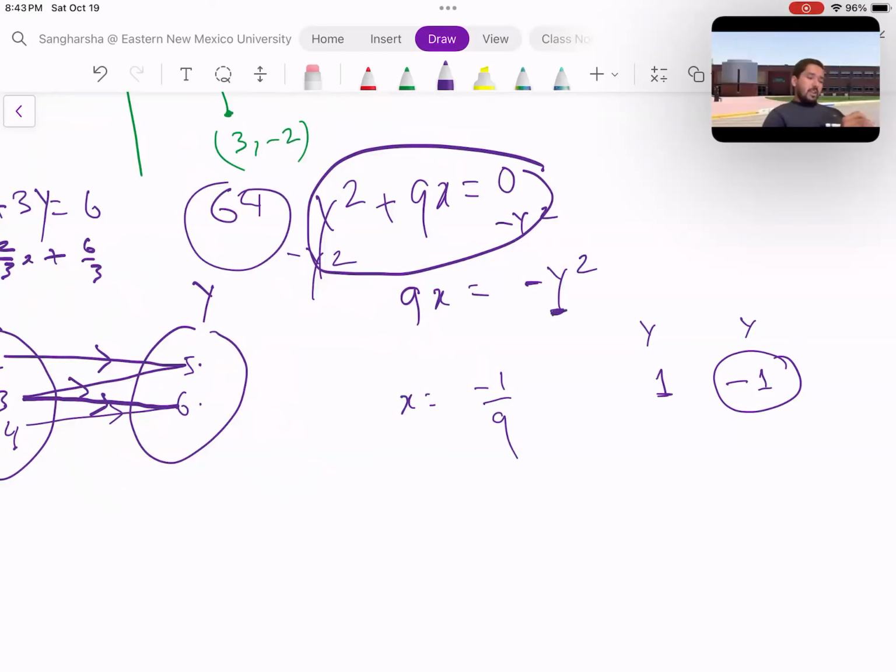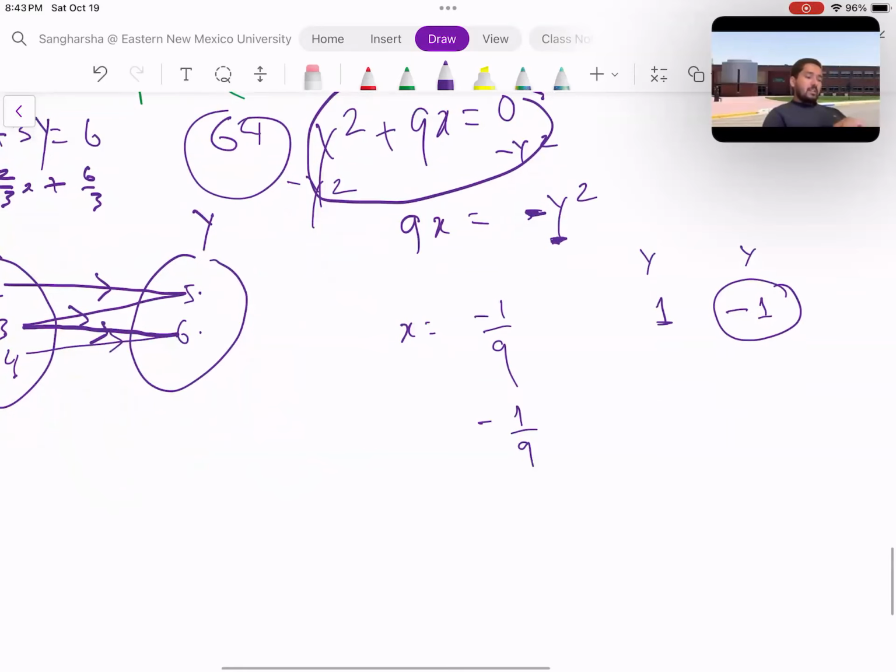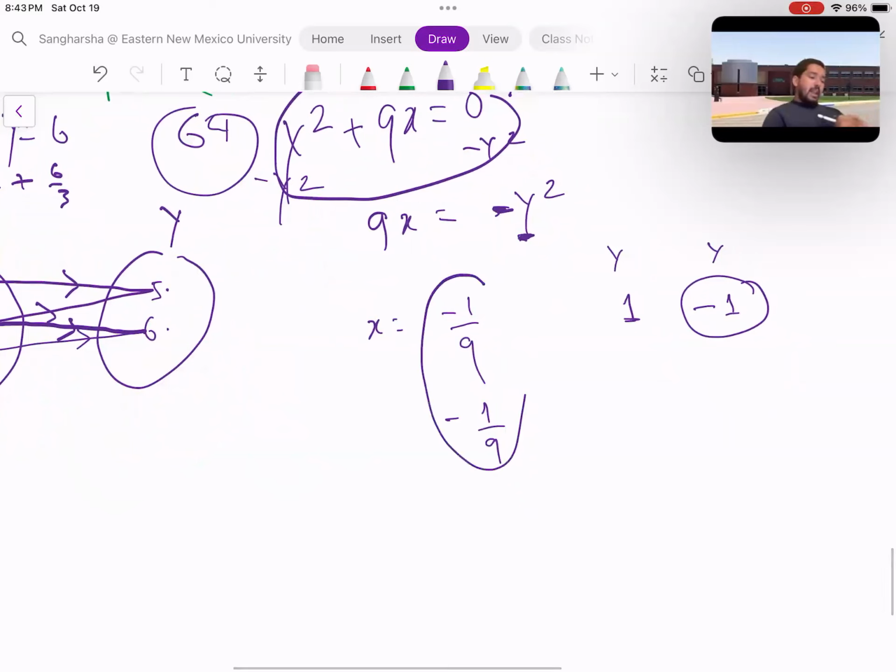We get -1 squared is +1, and you have the negative, divided by 9, so you still have -1/9. For one x value, you have two different y values, and you can't have this. So this is not a function.